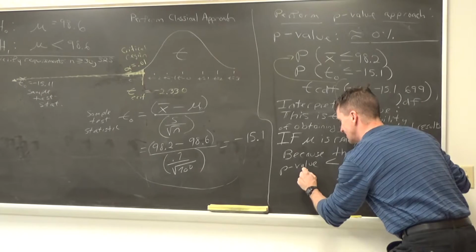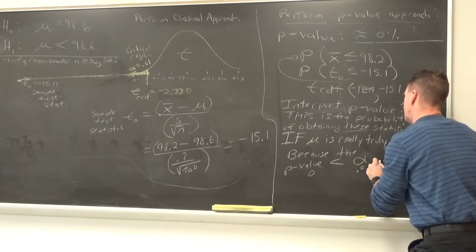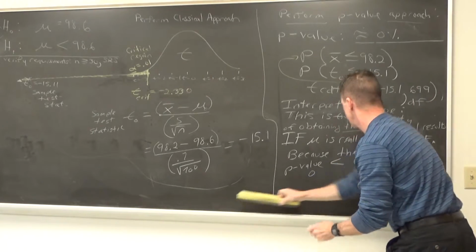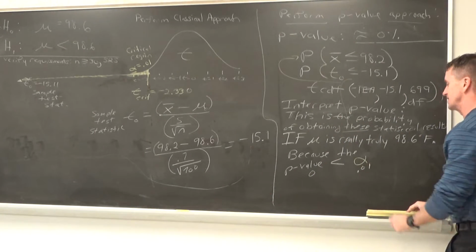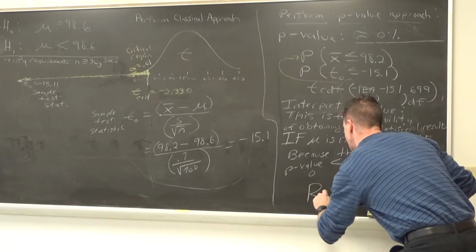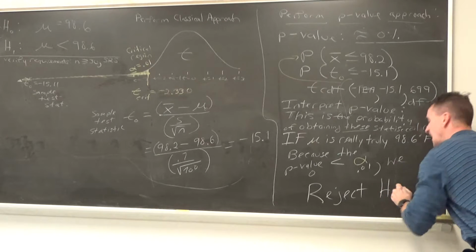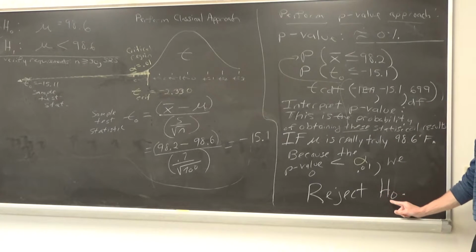This was 0.00. Because the p-value is lower than this is where I like to make this final statement. We reject H naught. We reject the null hypothesis.